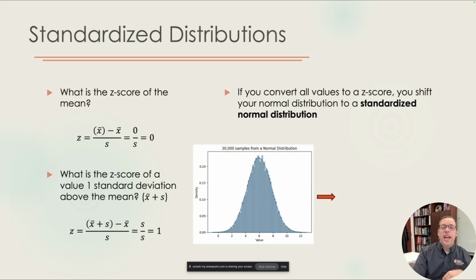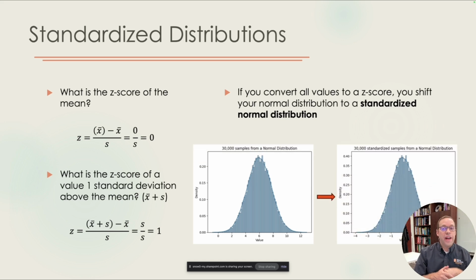All right, if we were to convert all values to a z-score, so in the graph here on the left, you have a normal distribution with an average of 6 and a standard deviation of, looks like 1.7, maybe 2, somewhere around there.